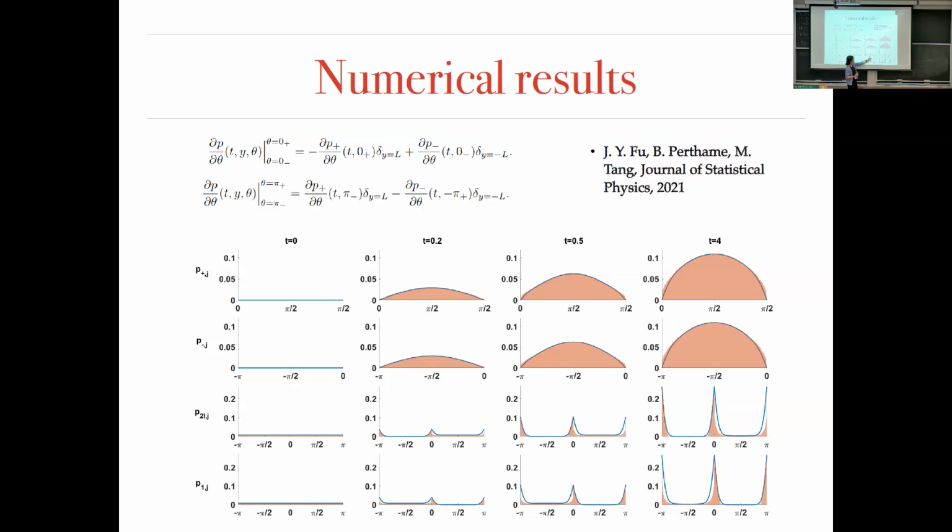At the 0 point and the pi point, there will be a discontinuity in your theta derivative. This comes from the flux generated by those cells that attach to the boundary. When they switch to those cells inside the domain, they generate this kind of jump in your flux.